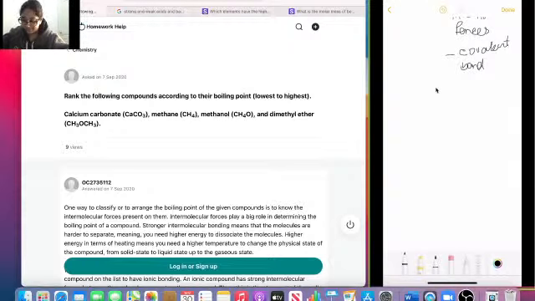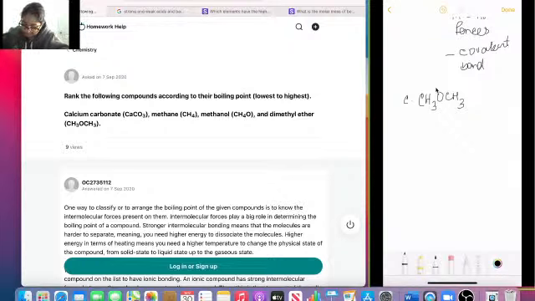Let's look at dimethyl ether. This is CH3, CH3, right? You have two methyl groups here. This is a polar molecule because your carbon-oxygen bond is more polar than your carbon-hydrogen bond, right?